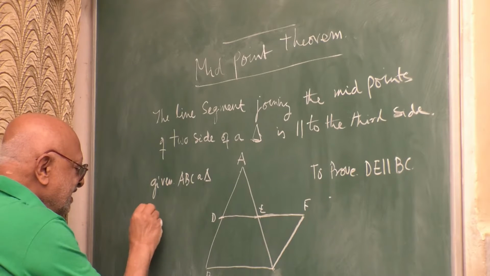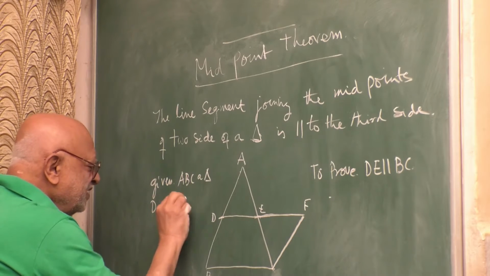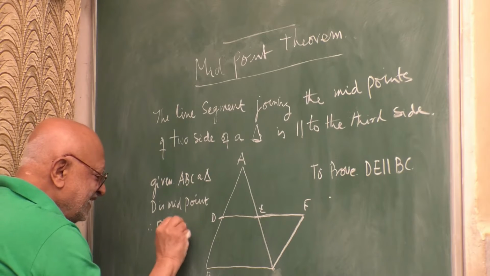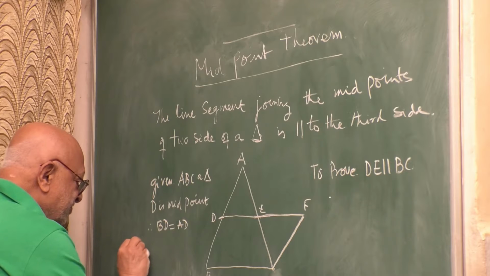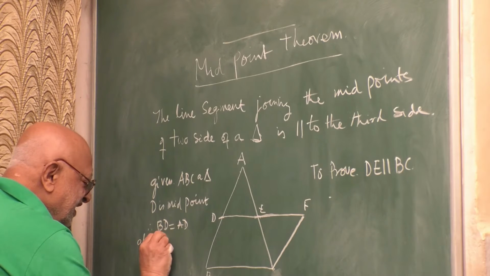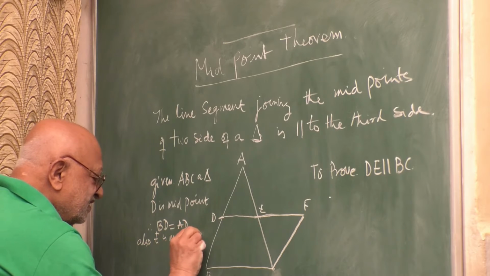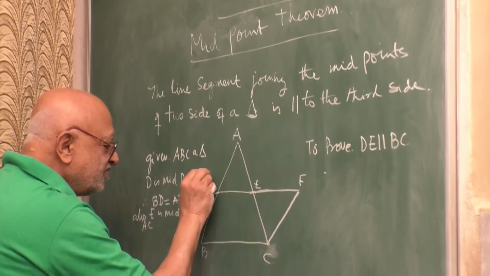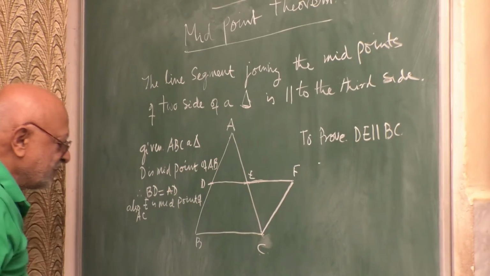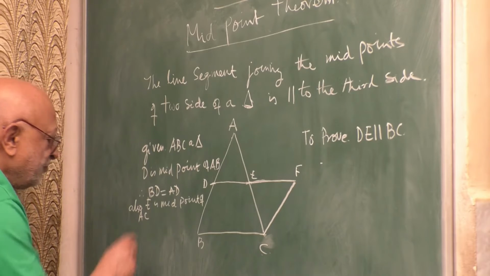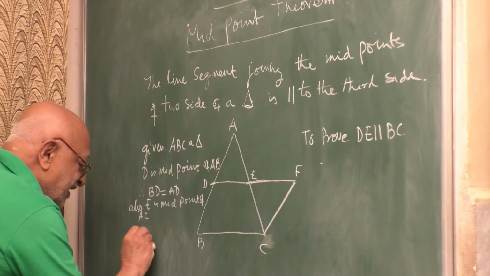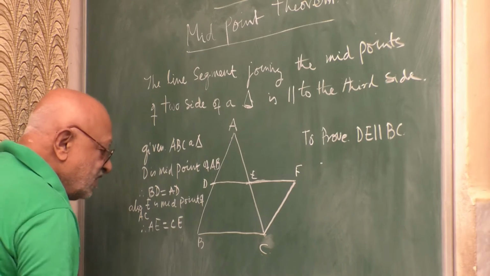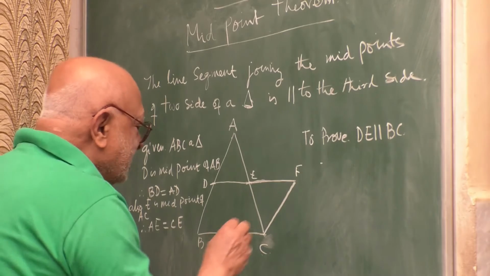D is the midpoint of AB, therefore BD is equal to AD, and also E is the midpoint of AC, therefore AE is equal to CE. Okay, these are given.